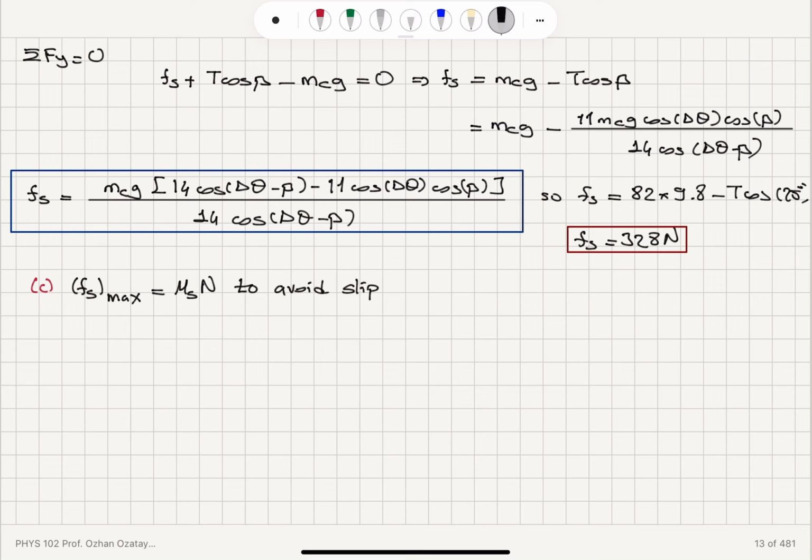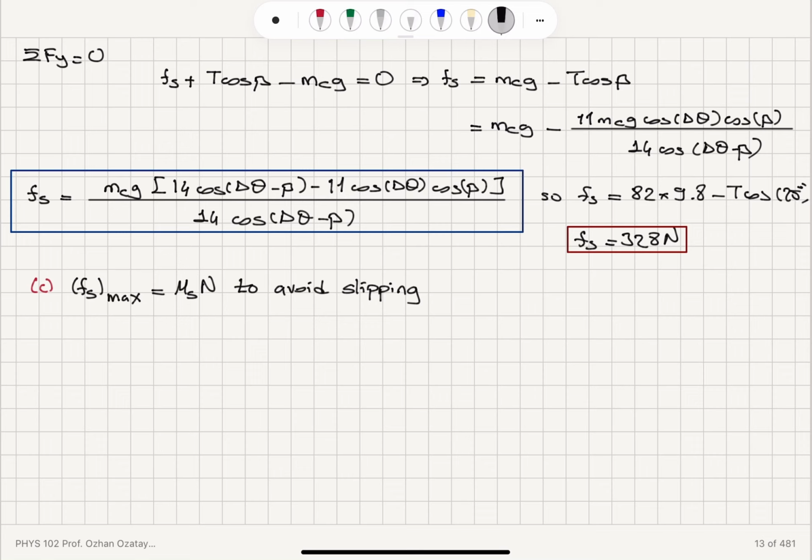So therefore we need a minimum mu sub s value so that the maximum value of static friction can be equal to this. Okay, so minimum static friction coefficient is the static friction force divided by the normal force.